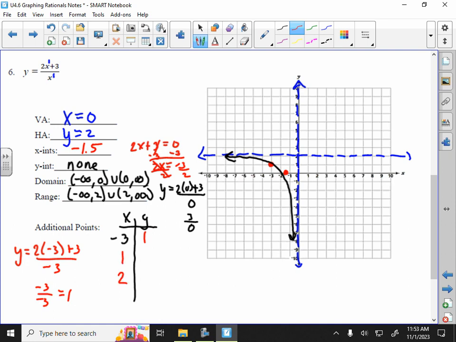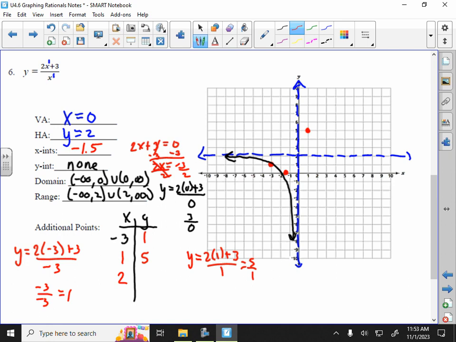All right, so I'll take my x value, positive 1, plug it back in for both x's, and simplify it. So 2 times 1 plus 3 divided by 1. So 2 times 1 is 2, 2 plus 3 is 5. So 5 over 1 is 5. So I can plot 1 comma 5.